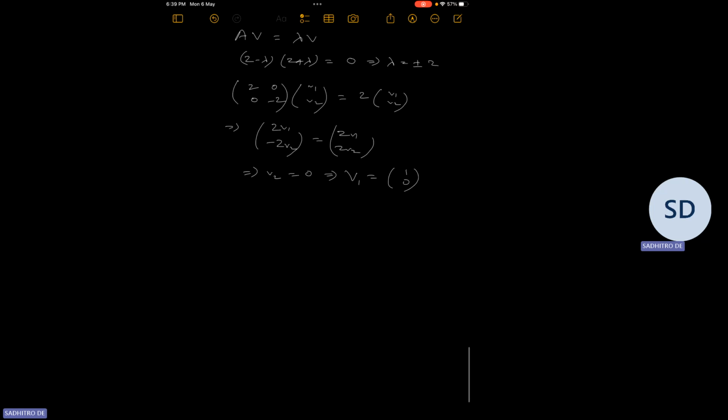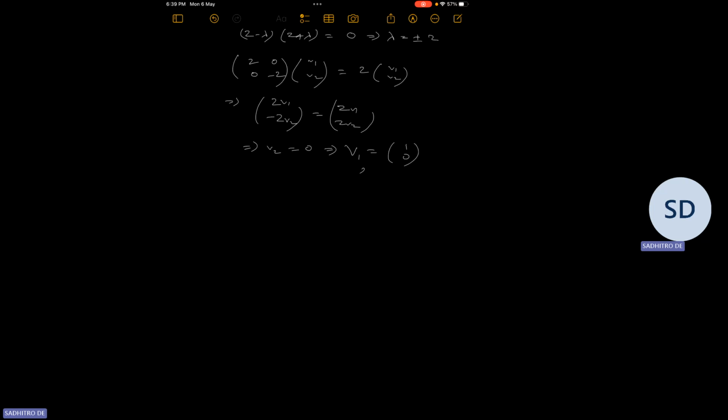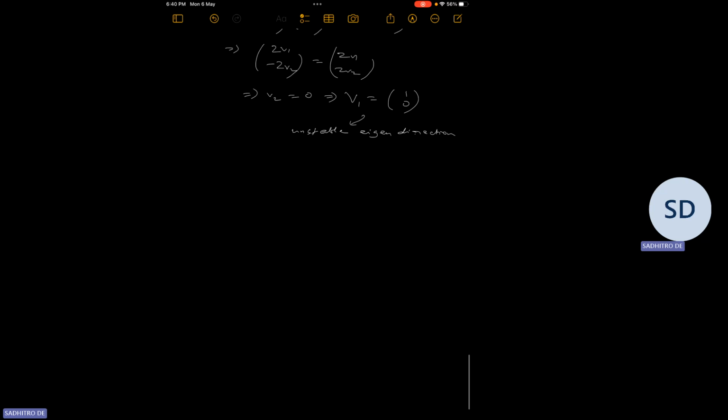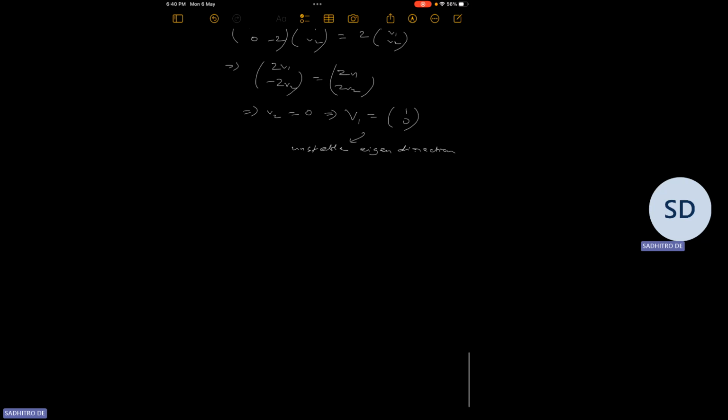So this is the unstable eigendirection. The unstable eigendirection is along the x-axis, and similarly, the stable eigendirection turns out to be along the y-axis.